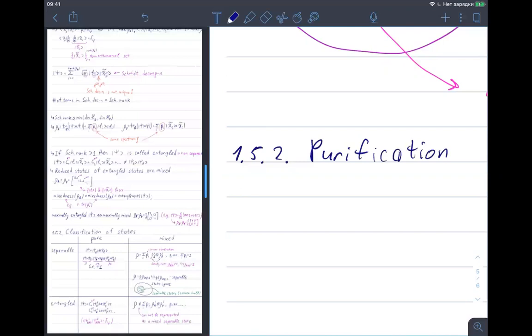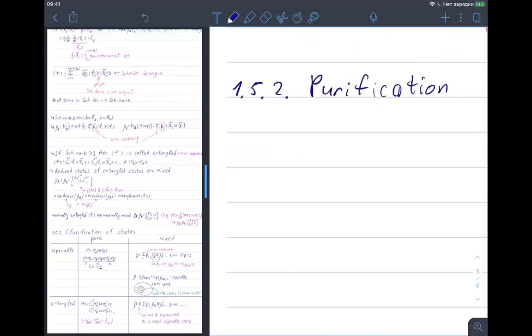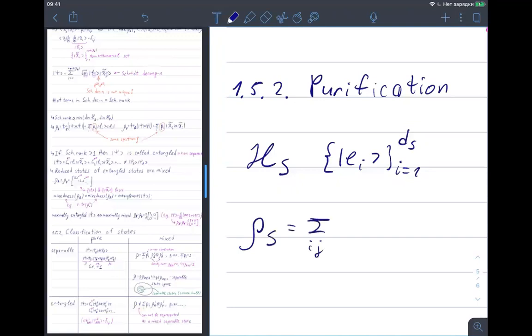And the idea is the following. Consider some Hilbert space H, which I will denote with S as some system, and let this Hilbert space have some basis e_i, where i goes from 1 to d_S, where d_S is the dimension of my subsystem. Let me consider some density matrix rho_S, given by the sum over i,j of coefficients rho_ij times e_i times e_j.